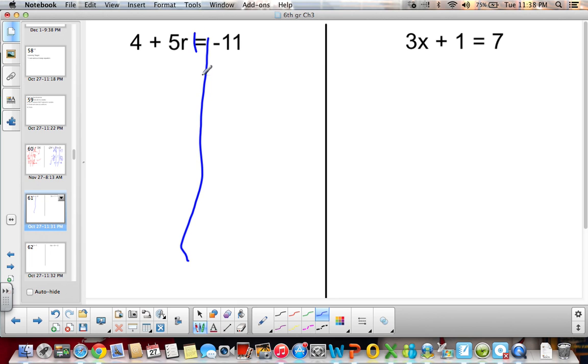So 4 plus 5r equals negative 11. Okay, here's our variable. It's not always the first, second, or third number. You find the side with the variable. We see that we have 5r, but we also have this plus 4. So we're going to subtract 4 from both sides. 4 minus 4 is 0.